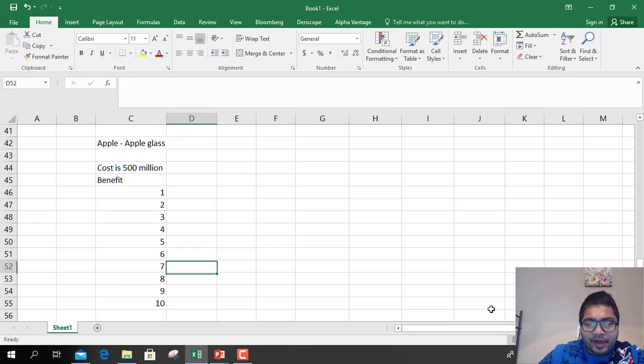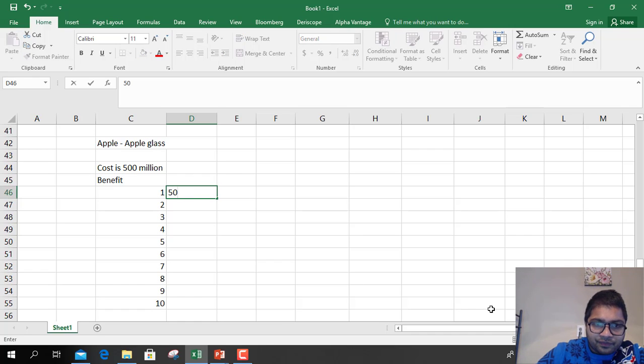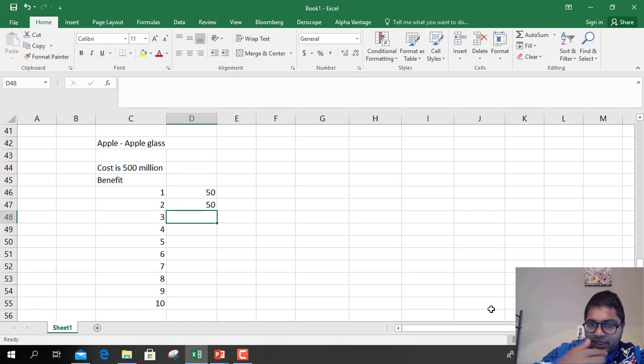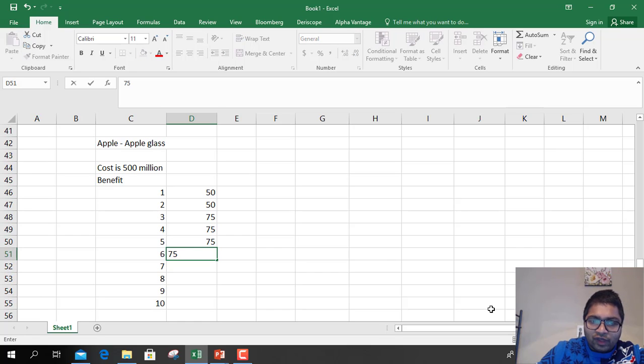The benefits would be $50 million in the first 2 years as the project kicks in, $75 million later for 4 years, and $100 million in the last 4 years.